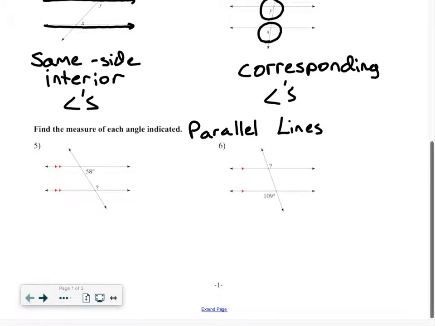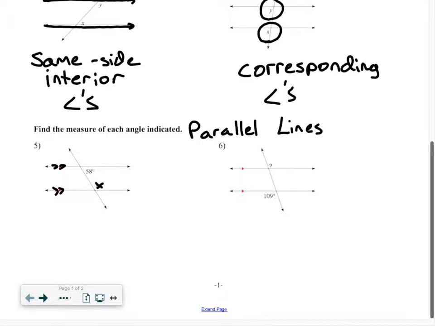You can see that in this first problem. They've marked these two lines parallel, and we do have our transversal. So here in problem 5, 58 and the angle we're looking for, let's just call it X, are consecutive interior angles. If we remember the theorem, consecutive interior angles are supplementary.